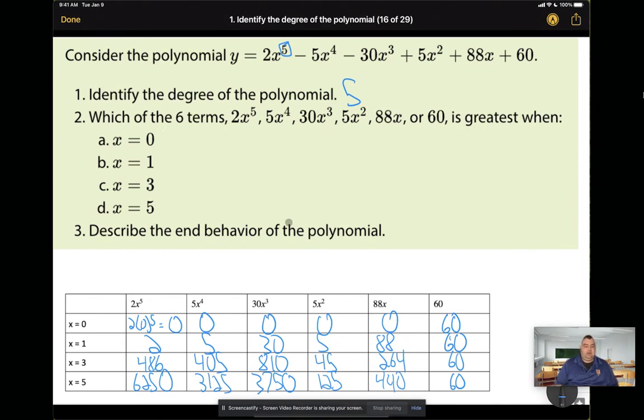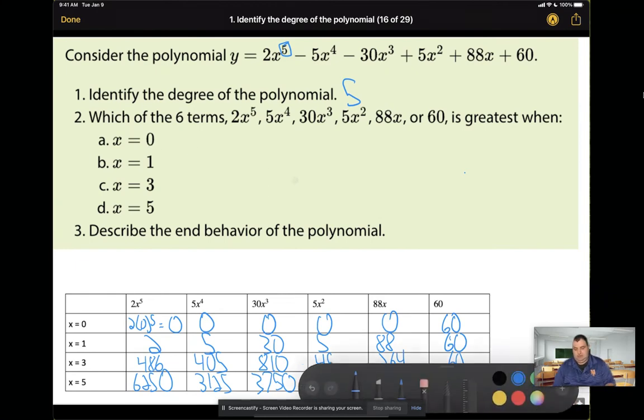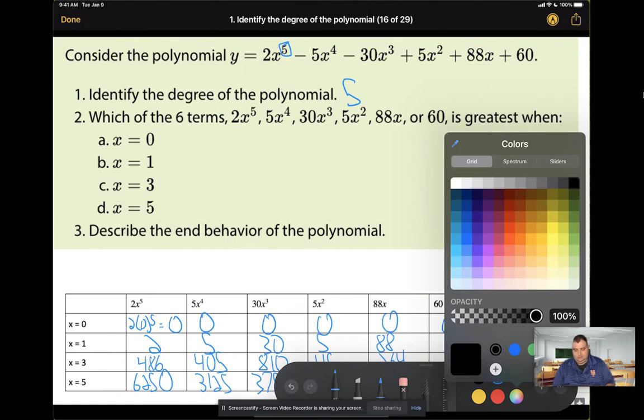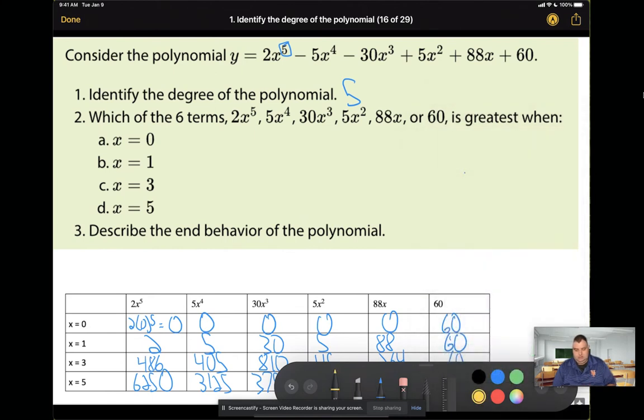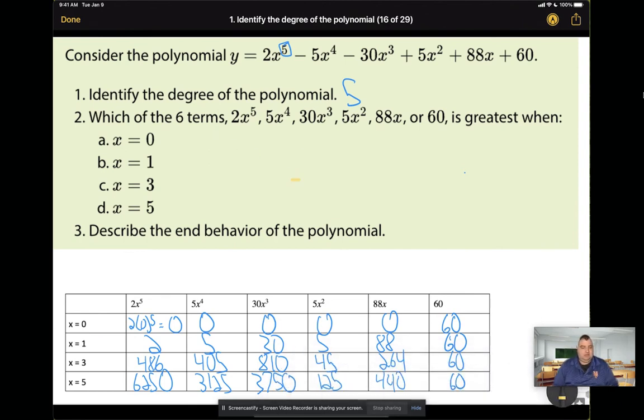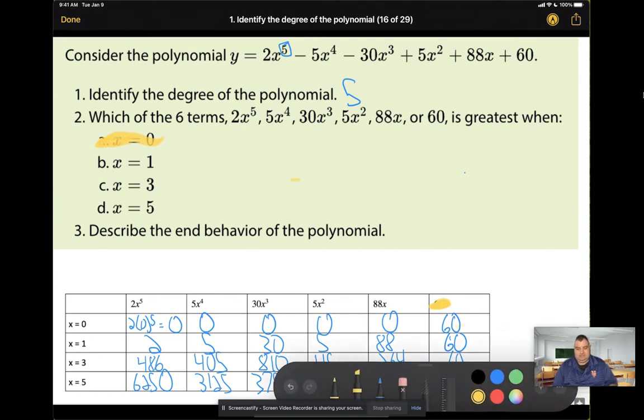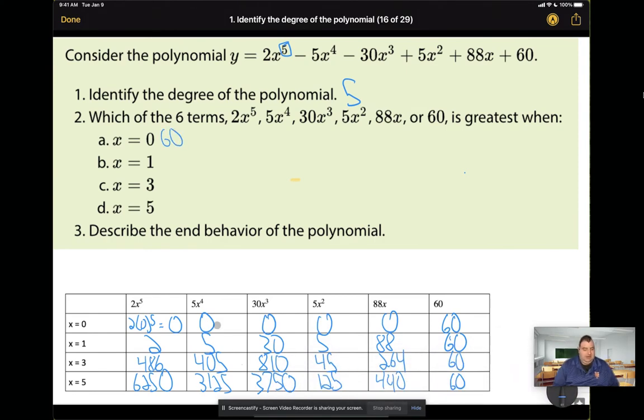Now we need to identify which of the 6 terms is greatest when x equals 0. So when x equals 0, it looks like 60 is the largest term. Okay? So 60 is the largest term when x equals 0. When x equals 1, let's see, what is the largest here?